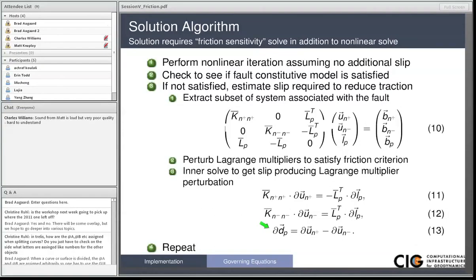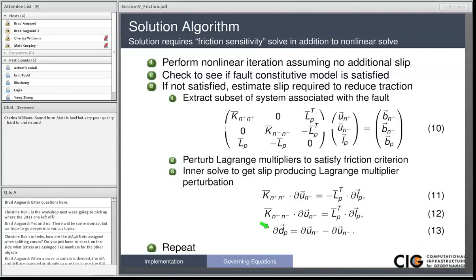If the fault is small compared to the entire volume and it's in the middle of our volume, then it doesn't take that many iterations to update and converge. If we have a through-going fault in, for example, a 2D problem, say a subduction zone where you're having creep that goes all the way down to the bottom of the model, and your slip is going all the way to the surface, then even a small perturbation in slip is going to affect the displacements everywhere in the volume significantly.